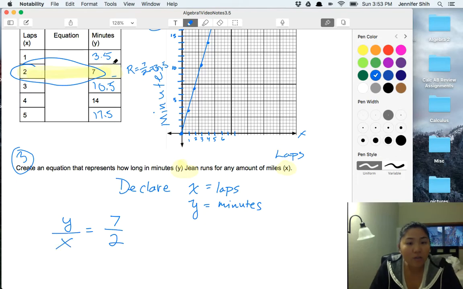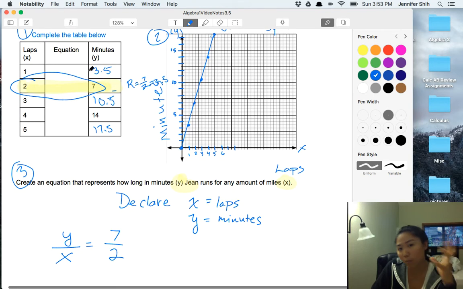And sure enough, this is a really important relationship, the idea of the Y values over the X values, this change in Y over this change in X. You might have heard that before, but it's extremely important in most of your math that has anything to do with lines coming up. So Y's are going to be your minutes, and X's are going to be your laps. And my Y value is 7, so Y over X.